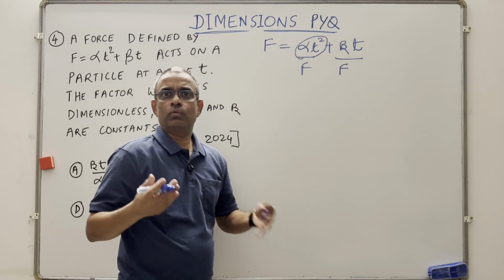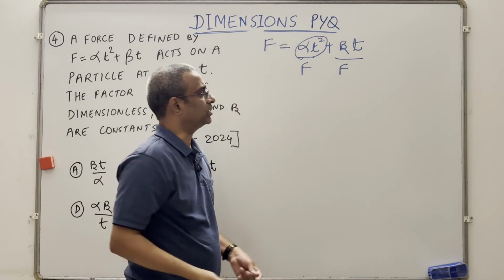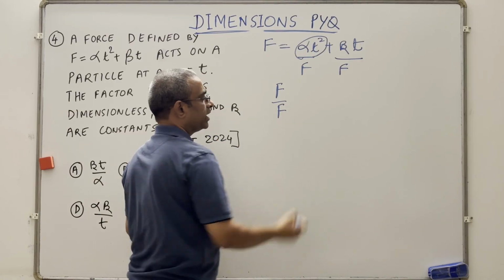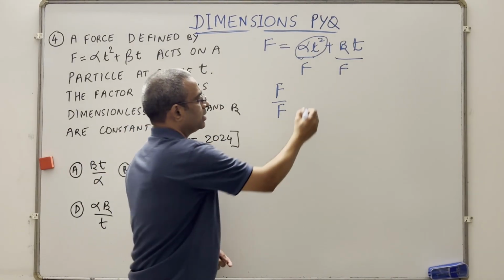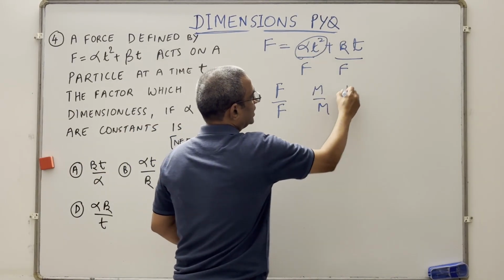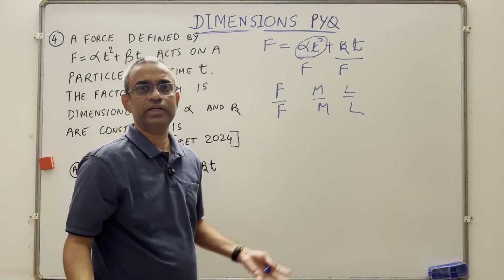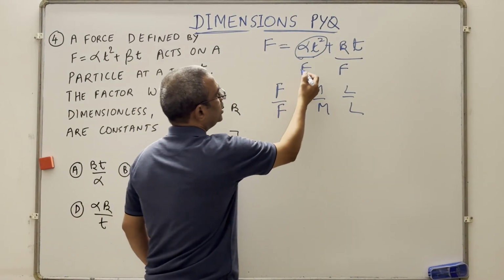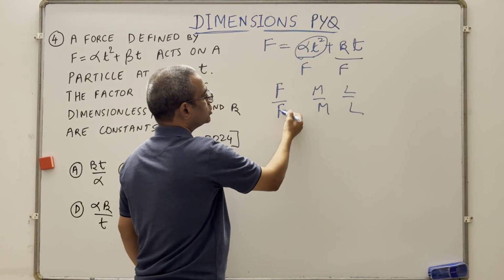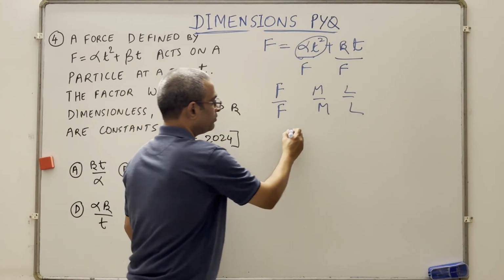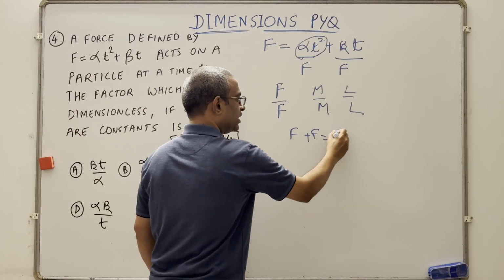Now, what is a dimensionless quantity? When you divide the same quantity by itself, mass by mass, length by length, then we get a number, and a number doesn't have any dimensions. So here also, if we divide force by force, it becomes a dimensionless number. If we add force plus force, we get force.